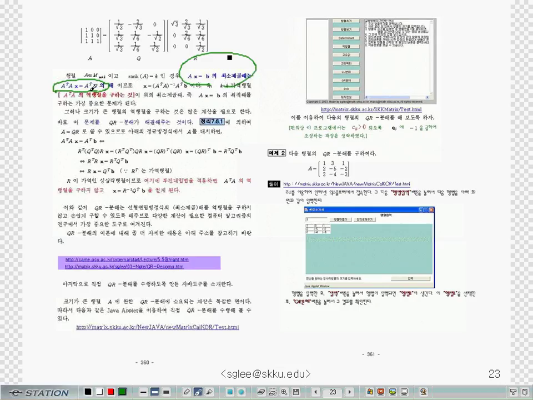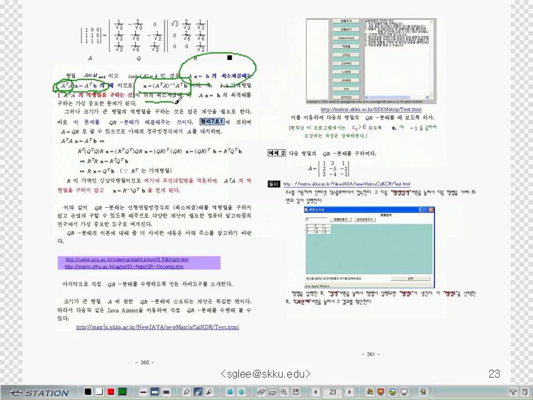In case this matrix A transpose A has an inverse, then we can find the solution X easily with this, even though A is not a square matrix. This is called the least squares solution for a given linear system of equations.